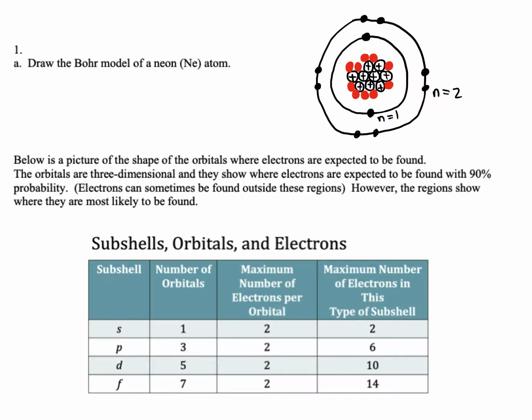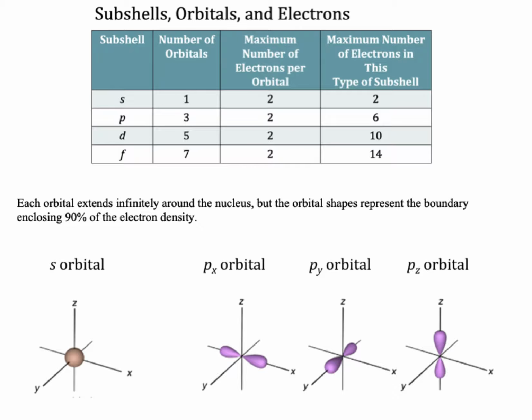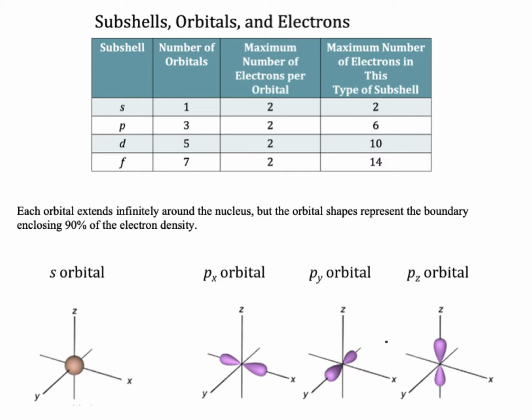But what we're going to do next is we're going to look at a model involving subshells and orbitals. Now, these orbitals that are shown are actually probability distributions of where we're likely to find electrons around a nucleus in three-dimensional space. They can take a variety of shapes depending on the type of subshell. The first subshell is the most simple.